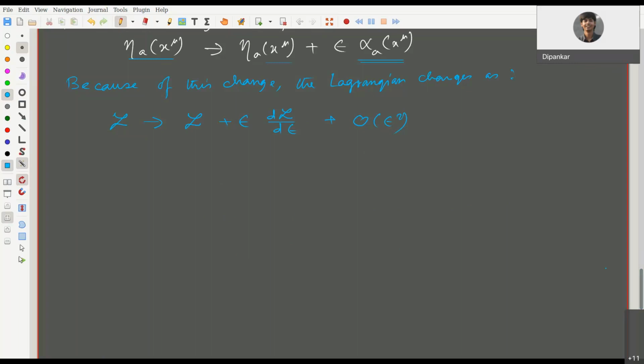Now, how do we calculate this dL/d epsilon? In the same way as we did in the case of discrete mechanics.